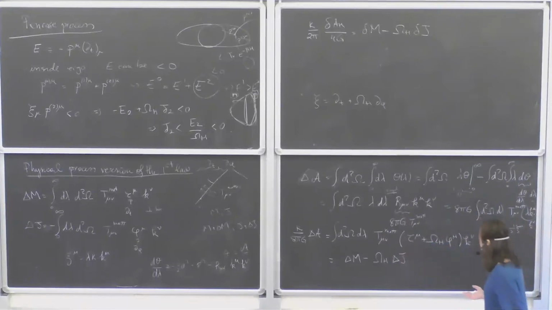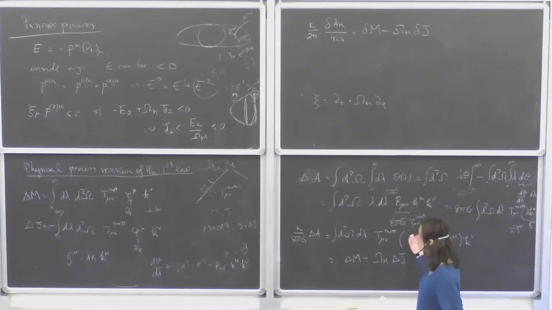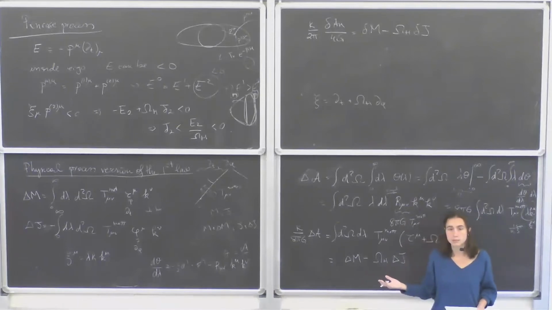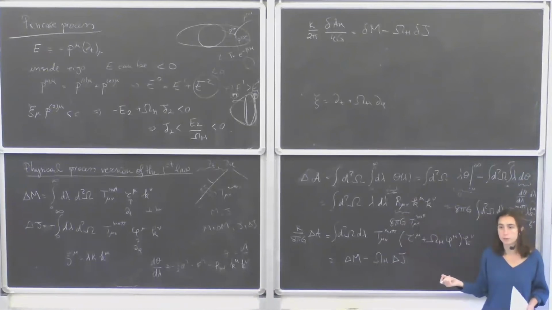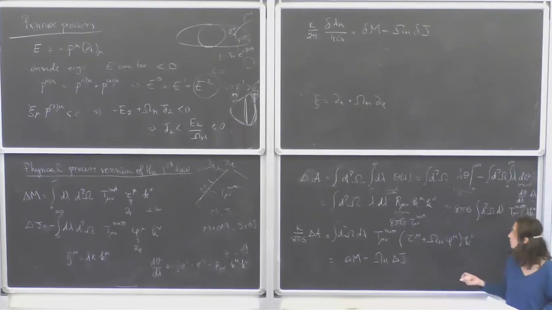I should say that just a simple variation on this argument can be used to also show the second law, that the area always increases. Can somebody pinpoint how that might go? Yeah. Can anybody stare at this board and see how one may come up with an argument that shows that the area always increases?